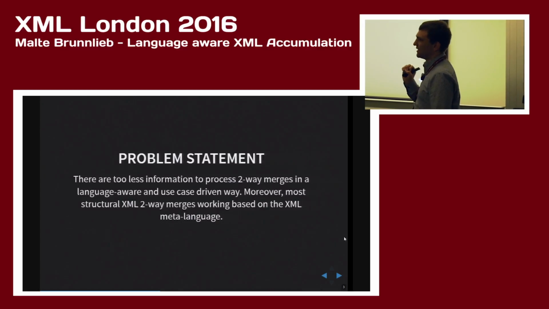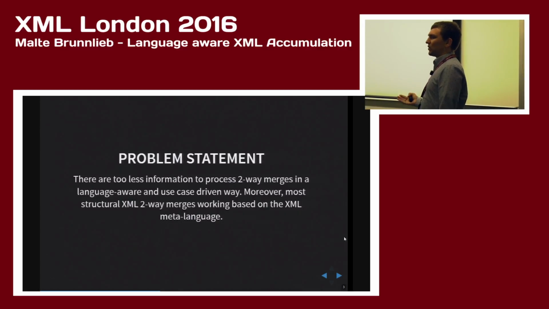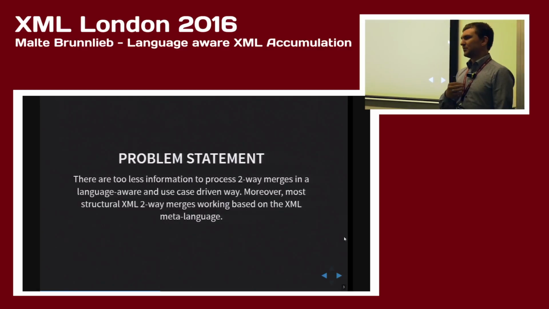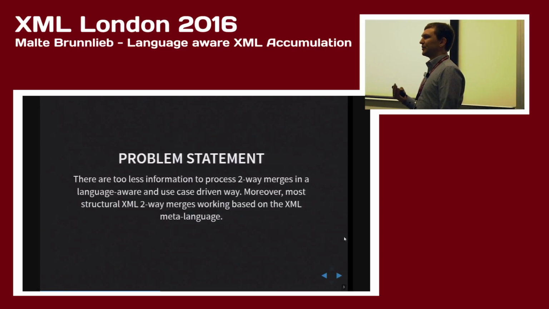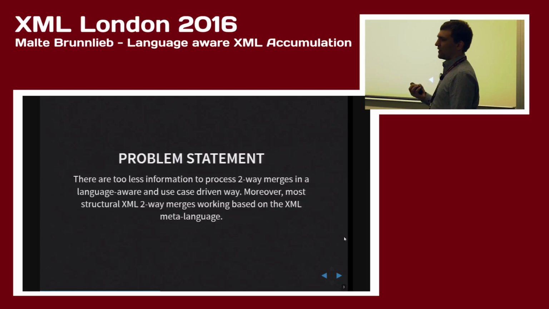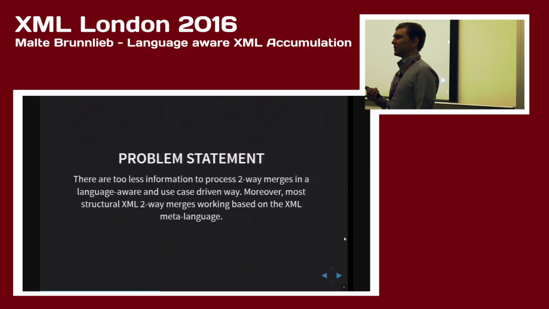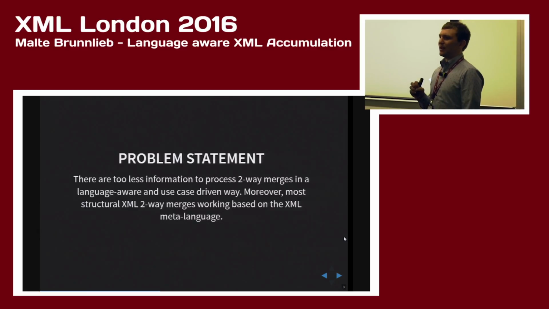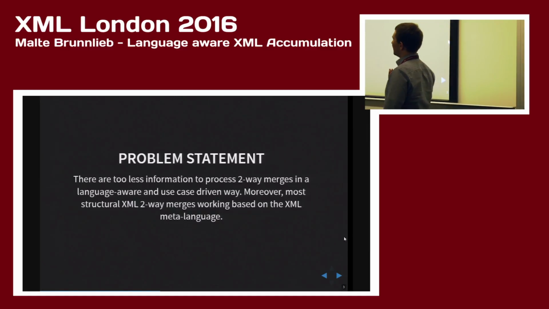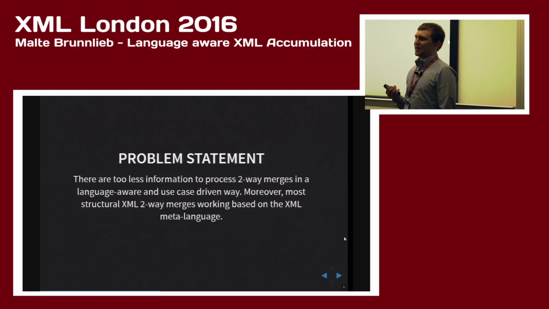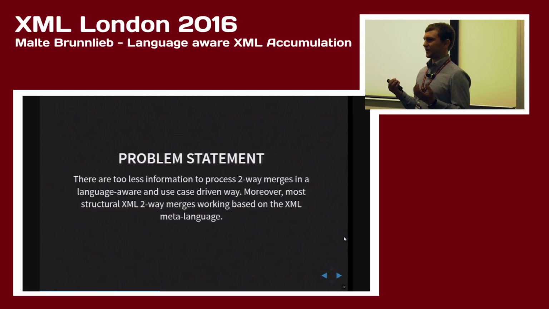So the problem is that looking at the internet, searching for accumulators, aggregators, you will easily see that most of them work on the XML meta language. And therefore, they treat every document the same. They accumulate nodes, they accumulate children, attributes based on some heuristic.